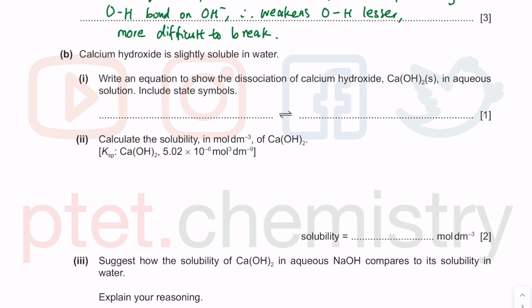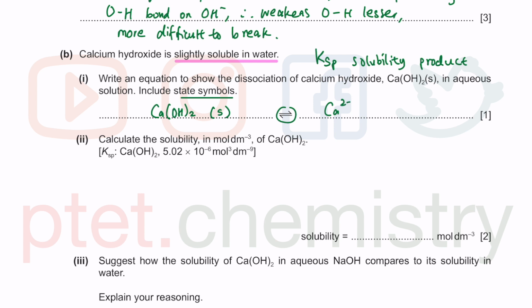In part B, calcium hydroxide is slightly soluble in water. So for this fact about slightly soluble in water, we use this reversible arrow, and we also talk about solubility product. Solubility product is an equilibrium constant for a sparingly soluble salt. So there is your Ca2+ and OH minus: calcium hydroxide solid dissociating in solution to give a bit of calcium 2+ as well as 2 OH minus, to balance the equation and the charges.